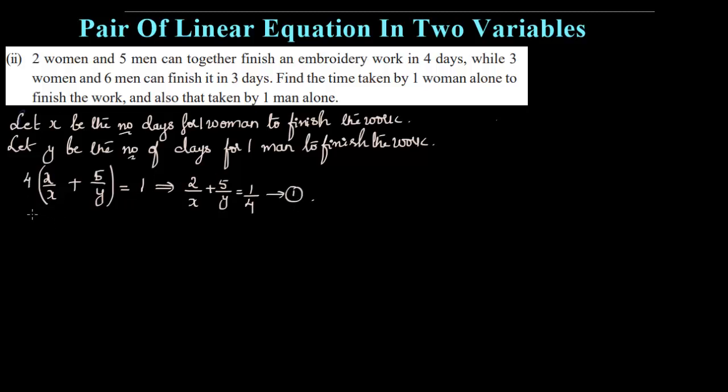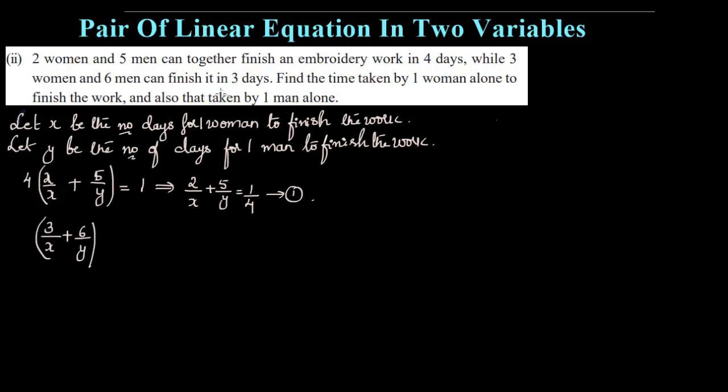In the second equation, we have 3 women and 6 men. They are working for 3 days. So same thing, you just do it here also. There are 3 women, so 3 by x plus how many men are there? There are 6 men, so 6 by y. And for how many days are they working?